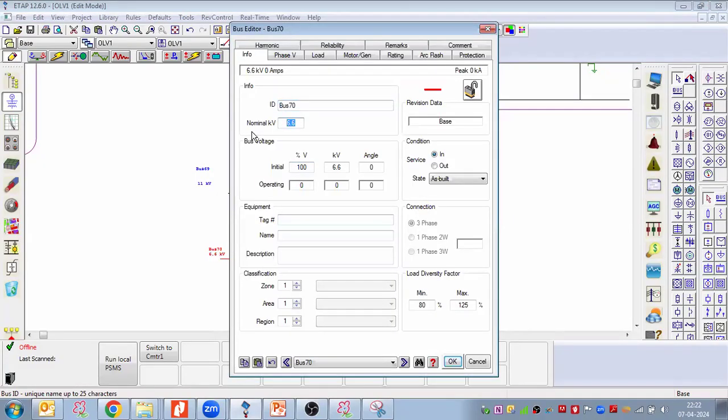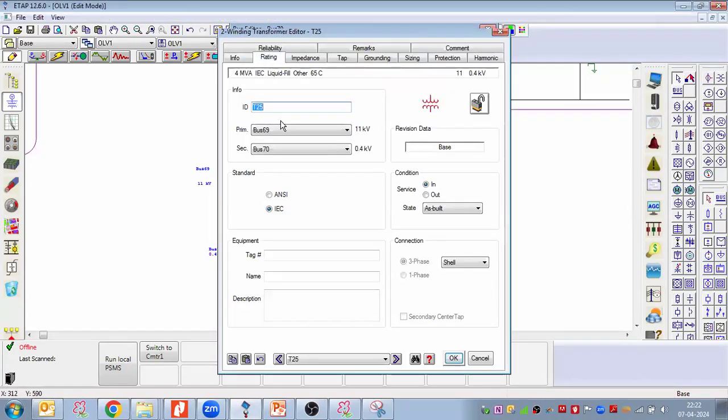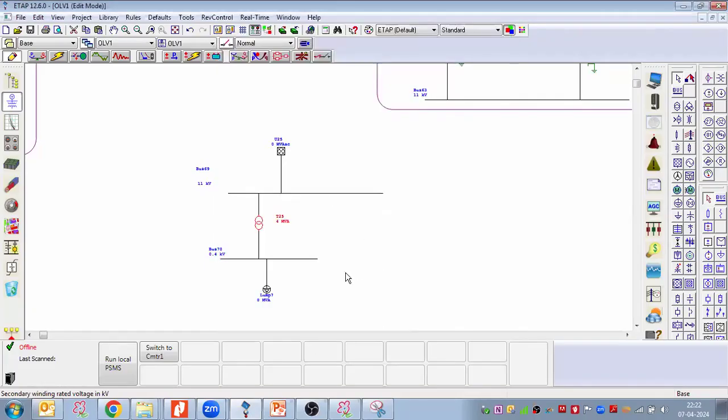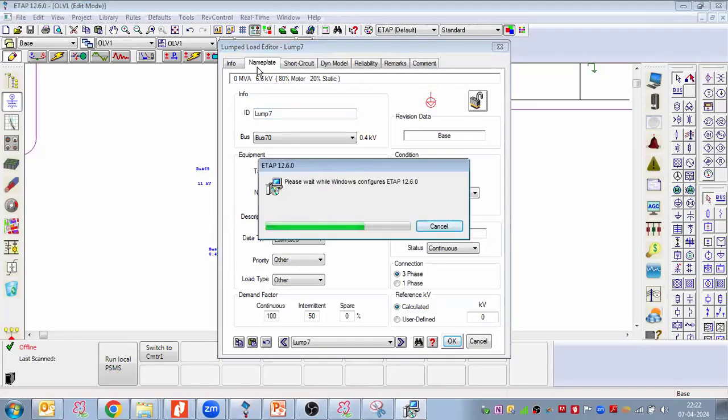On the LV side we have 0.4, then let us take 0.433 like that. And a lump load here. Now I'm taking the full load. I'm taking a 4 MVA transformer, so I'm taking the full 4 MVA load.